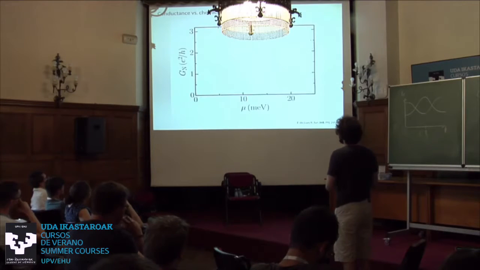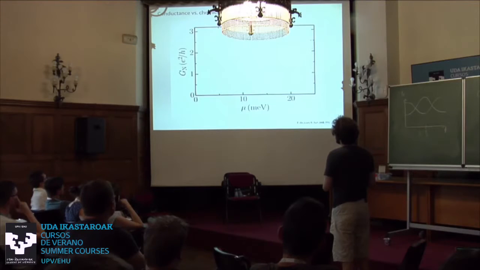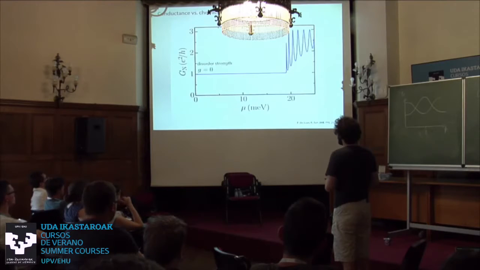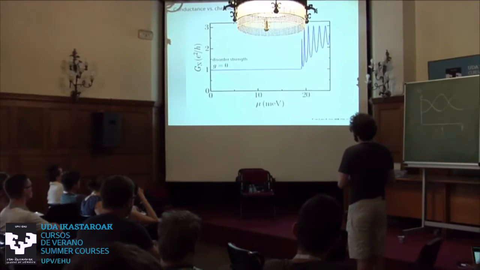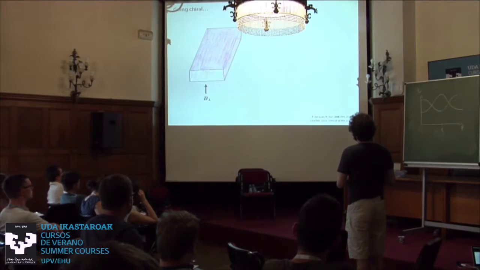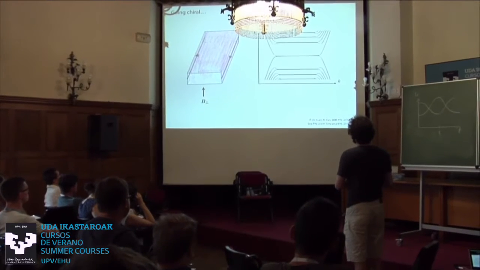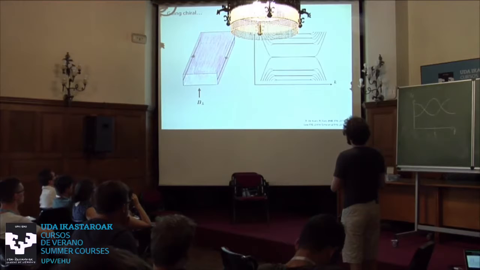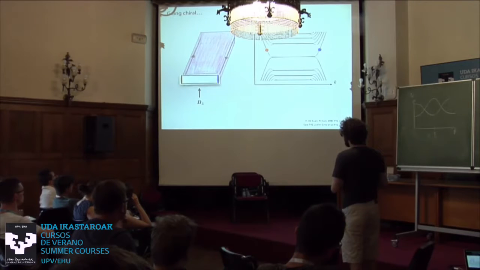Now I'm putting the magnetic field at 2 Tesla, and I'm plotting for you the conductance as a function of chemical potential. And at 0 disorder strength, you just see the chiral modes up to the point where you hit the second band. So if you go back here, this is where you hit the second band. So that's in that particular case around 20 meV.